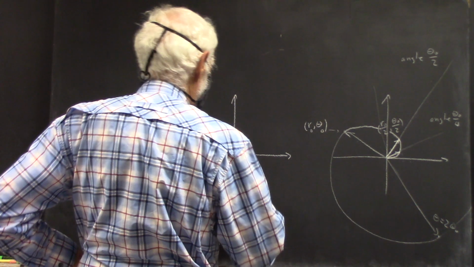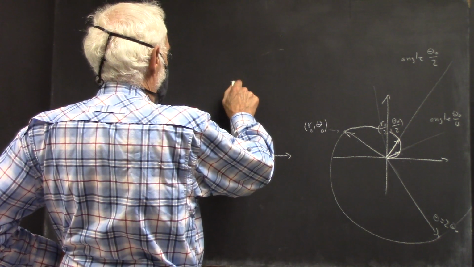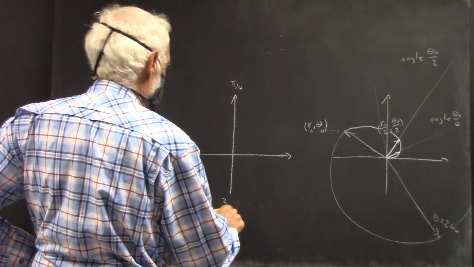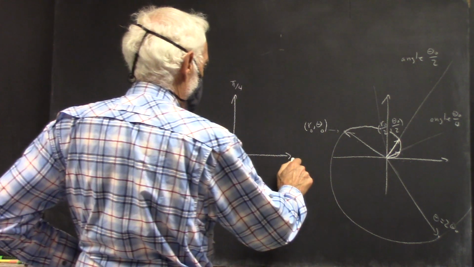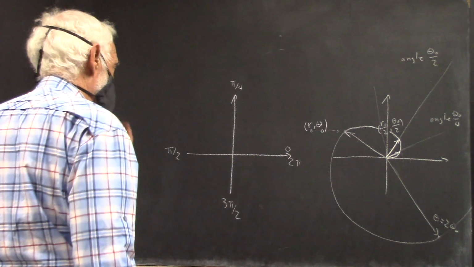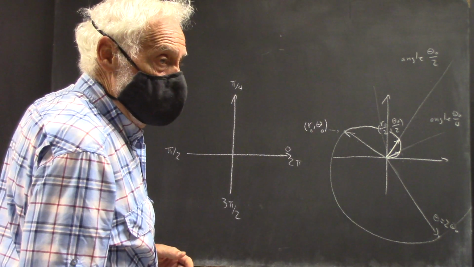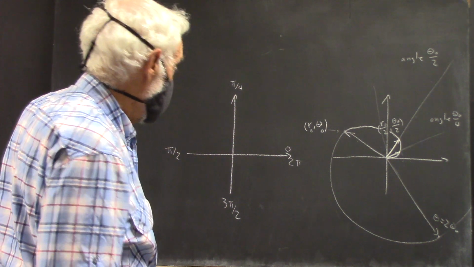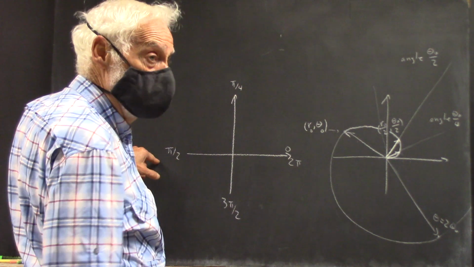Okay, so here's pi over 4, pi over 2, 3 pi over 2, 2 pi, or 0, depending which one you want to use, okay? This is 2 pi half, and that is pi over 2, right?